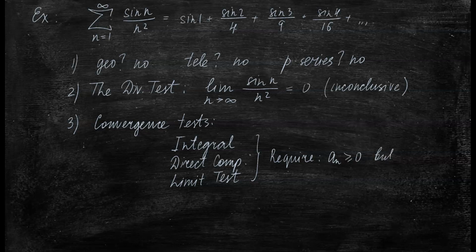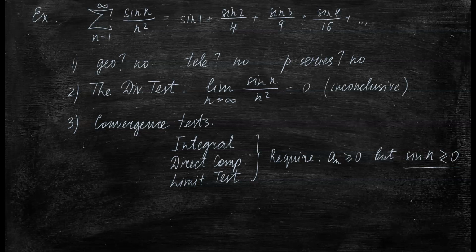However, this is where we have an issue. The sign oscillates between -1 and 1, and sometimes it is positive, sometimes it is negative. So because of that, none of these tests can be applied, and that's the problem. When the elements of the series are not always adding up, and sometimes they're being subtracted because the sign is negative, we don't have any tools for such a case.